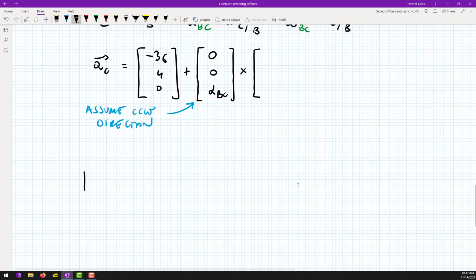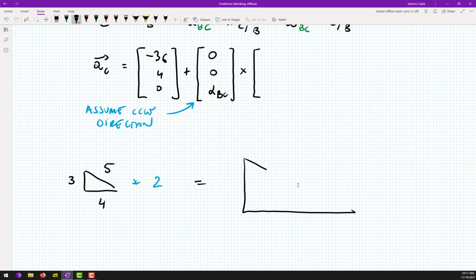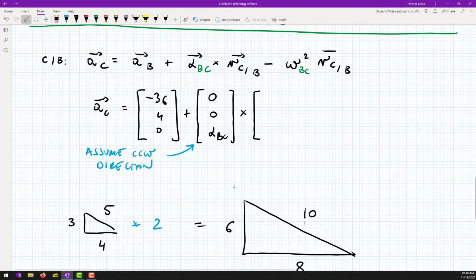The easiest way to find the components of that vector is to multiply this guy by 2, because you remember this Pythagorean triangle: its sides are 3, 4, 5. If we multiply by 2, we'll end up with a twice as big triangle, 6, 8, 10.